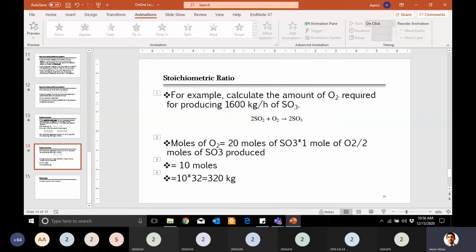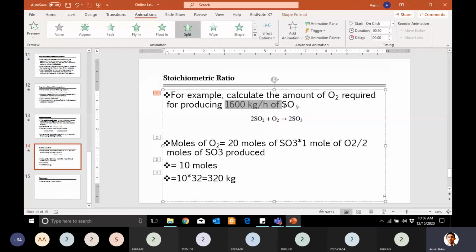So that means you have to convert this 1600 kg per hour to moles. Mass is given for SO3, so just divide it by the molecular weight of SO3, which is 80, and you will get 20 moles of SO3. That's simple. Now I have to calculate the moles of oxygen which are required to produce 20 moles of SO3.